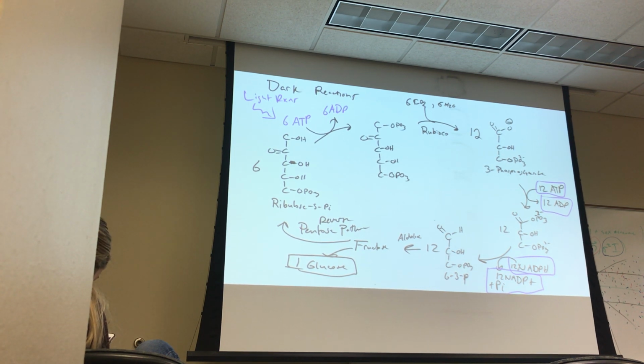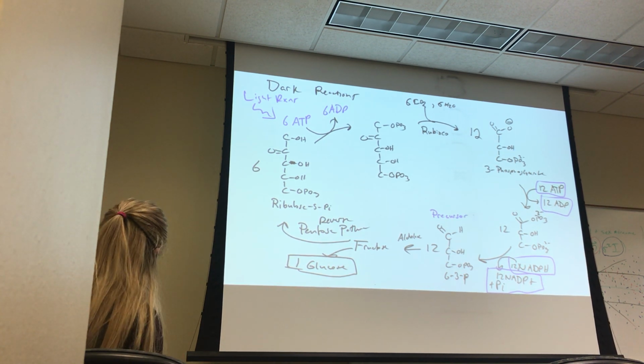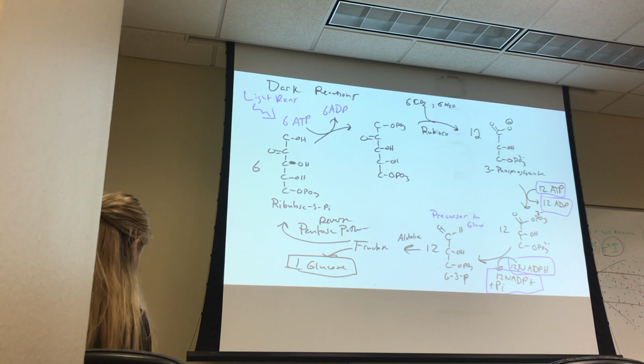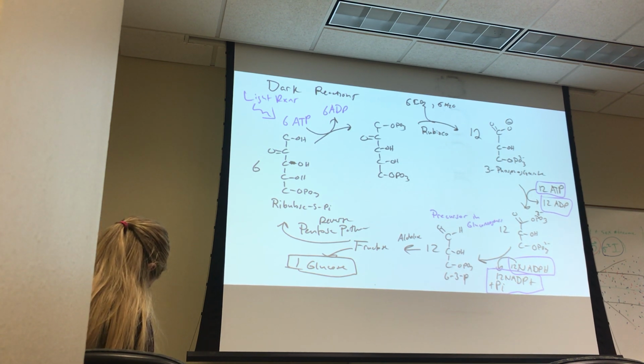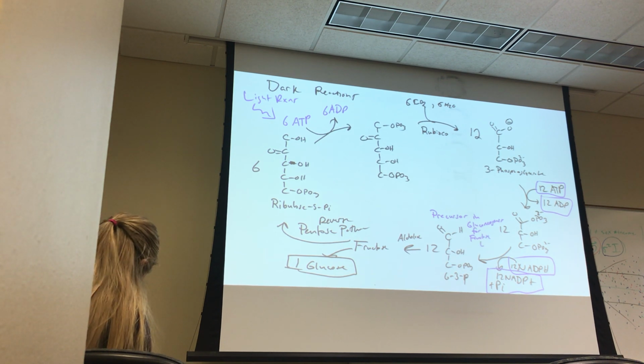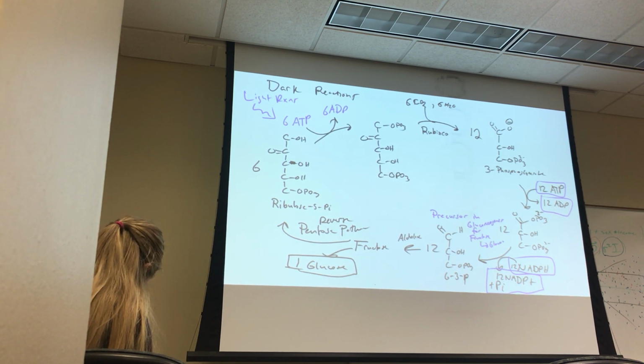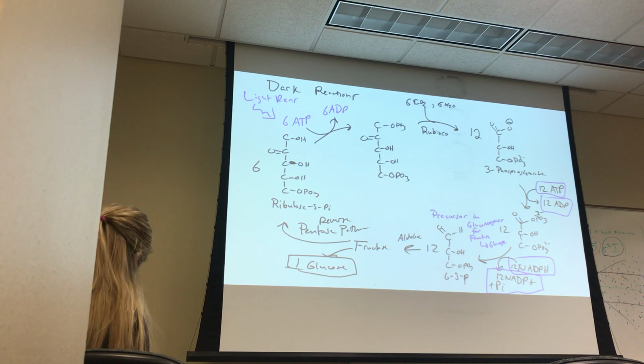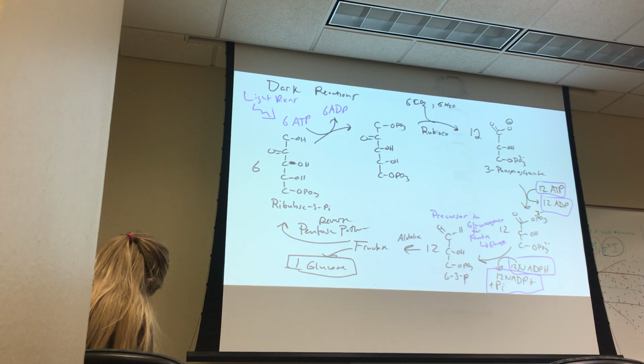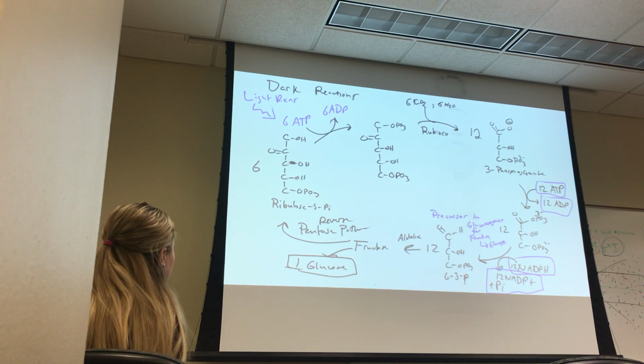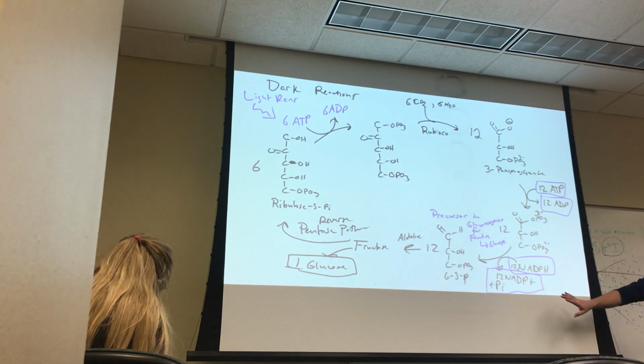But remember, this is also the precursor in gluconeogenesis for fructose, which gets converted into glucose. So it's pulling reactions, similar reactions from other pathways to get there. Does that make sense though?